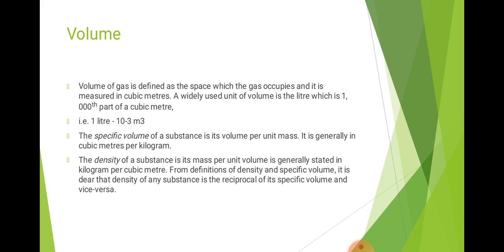A widely used unit of volume is the liter, which is the 1000th part of a cubic meter. Means 1 liter is equal to 10 raised to minus 3 cubic meter. So moving forward, the specific volume of a substance is its volume per unit mass.